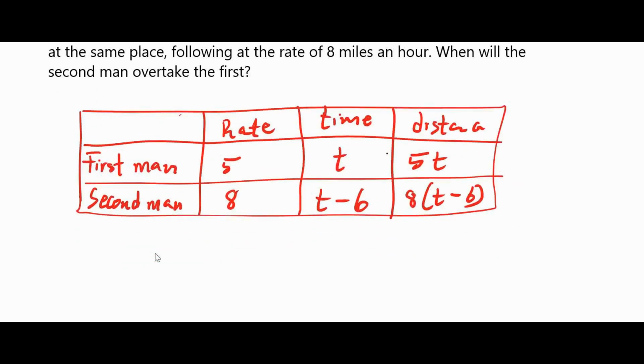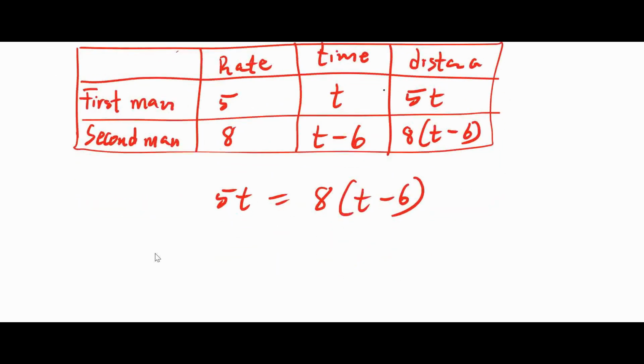Since they are going to meet at a point, it means they are covering the same distance. So 5T is equals to 8T minus 6. The second man will have to meet exactly at the same point with the first man before overtaking him.